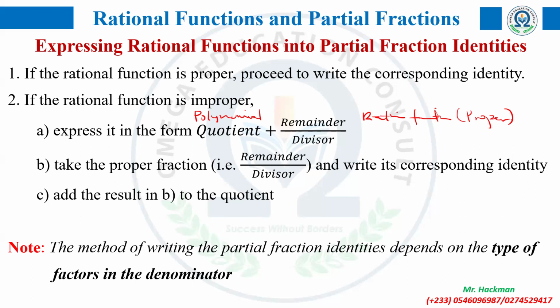So our first note here will be how to write the identity in the situation where your fraction is improper. After that, we'll look at the resolution, and the resolution will come in when we find the values of the letters that we introduce in the identities and we substitute. Is that clear? Is my point well made?